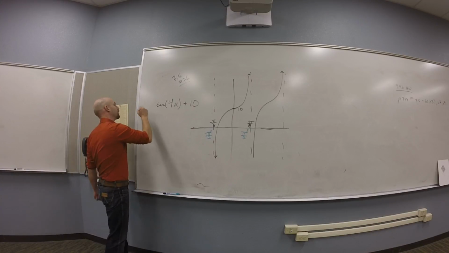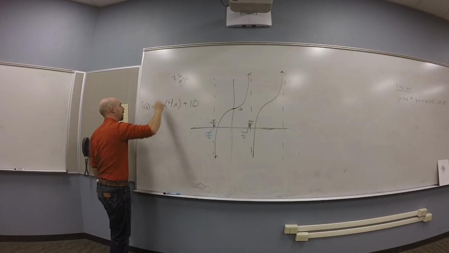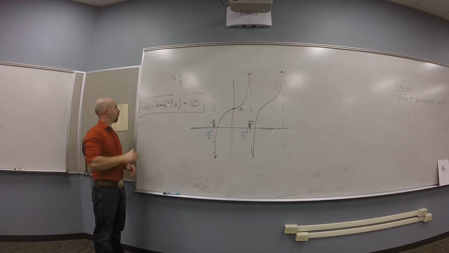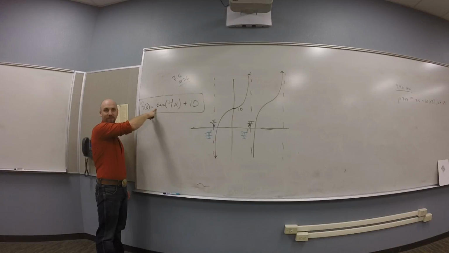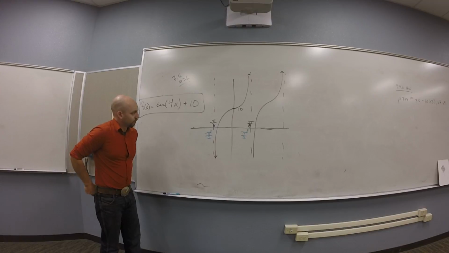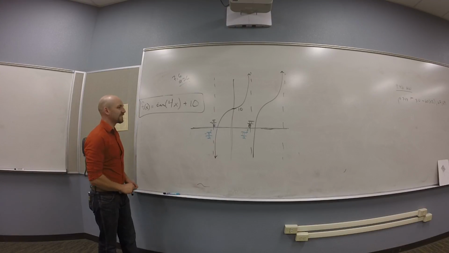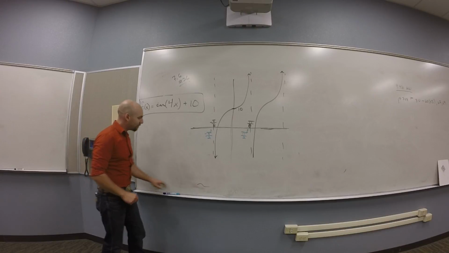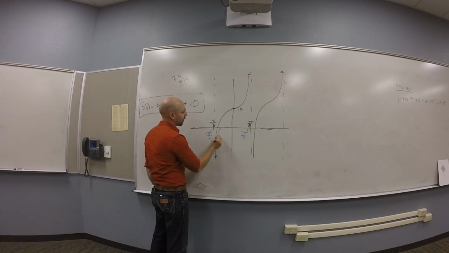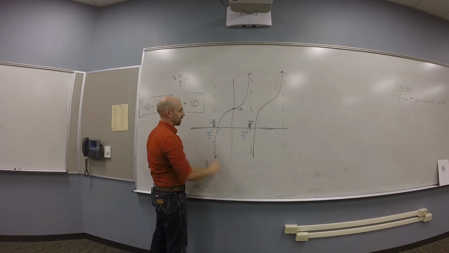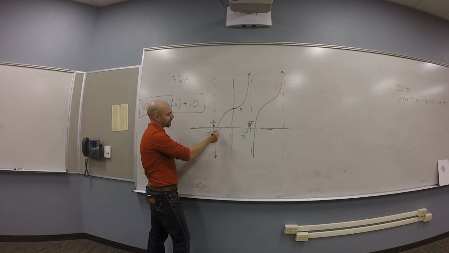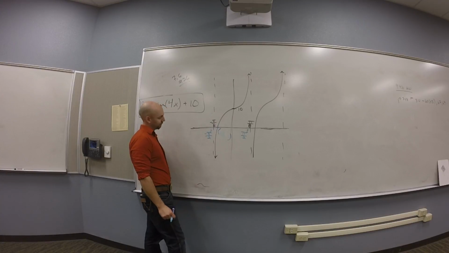So here's a possible formula. Is this the only possible formula? No way. If they did give me a number, this thing doesn't quite have an amplitude, more like a vertical stretch. Say they said this happens at minus pi over something.